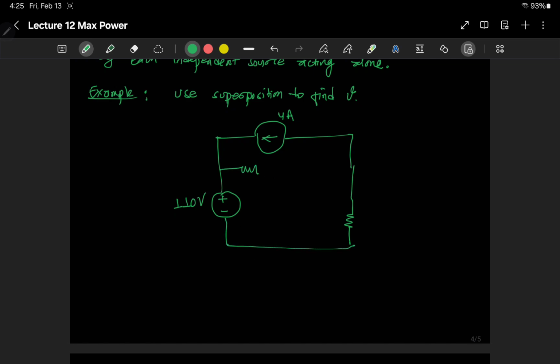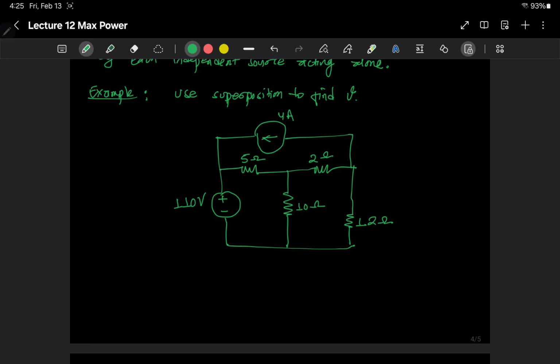You have a resistance here, another resistance here, another resistance here. This one is 10 ohm, this is 12 ohm, I guess. This is 2 ohm, this is 5 ohm.